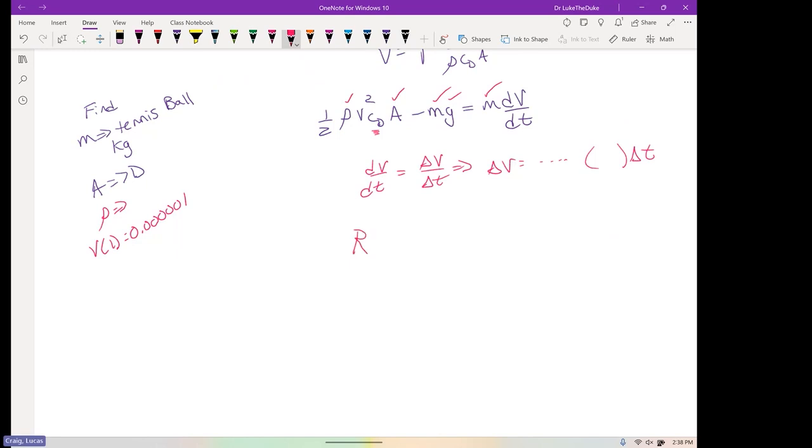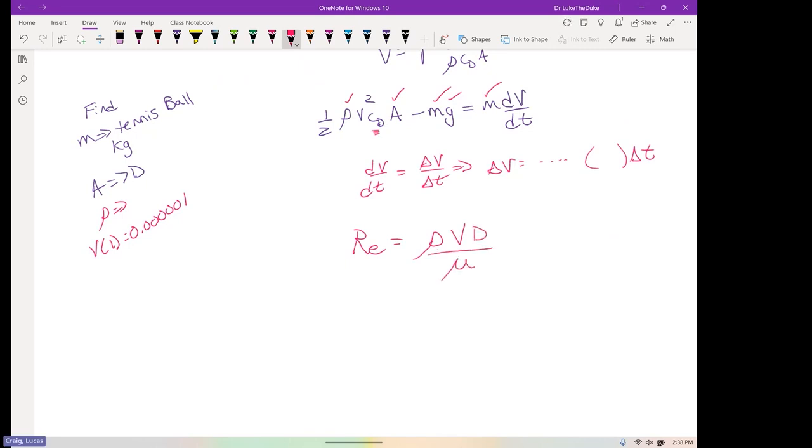Anybody know or remember the Reynolds number equation? Oh, no, just the equation. Depending on how you do it, but this one I'm doing is 4 variables. Rho V D over mu.